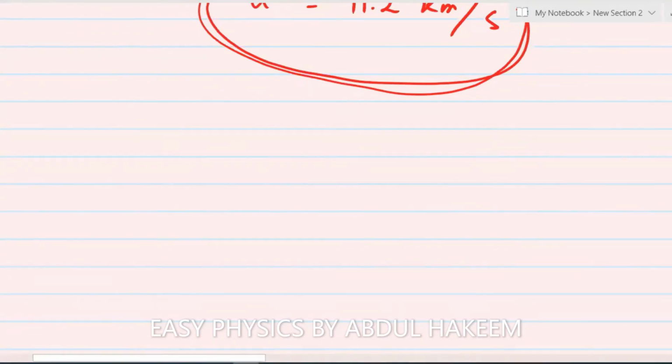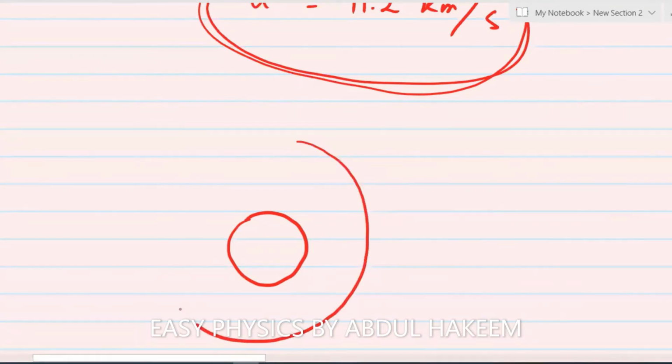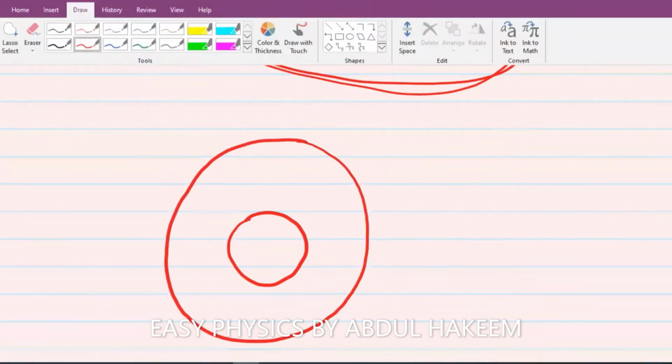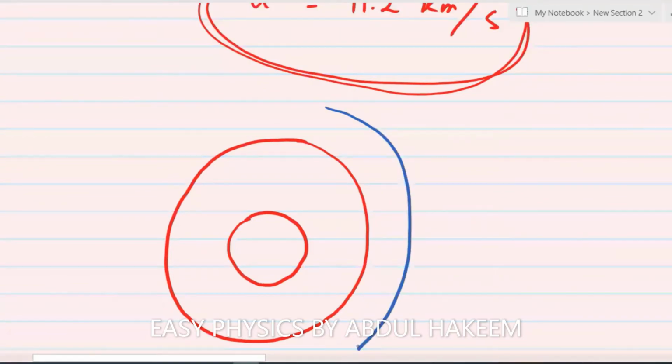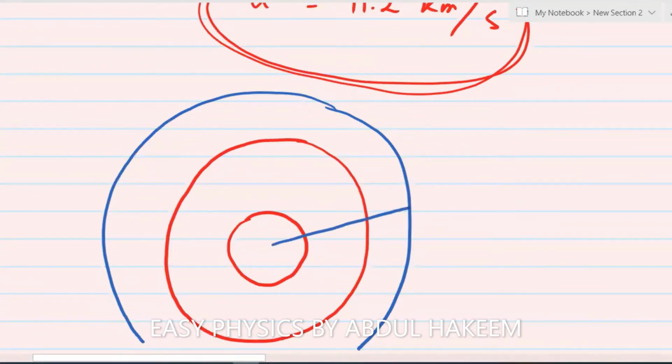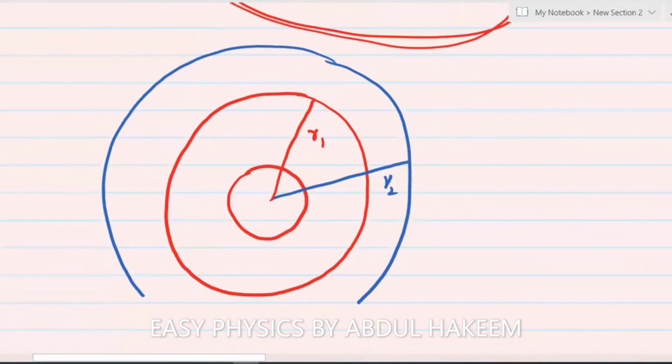Suppose this is the earth and there are 2 orbits around the earth. This is orbit number 1 and this is orbit number 2. The radius of the first orbit is R1, and the radius of the second orbit is R2. When the satellite is revolving in the first orbit, it has gravitational potential energy which is minus GMm over R1.